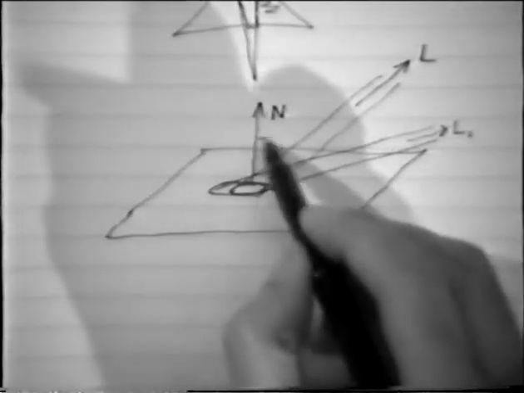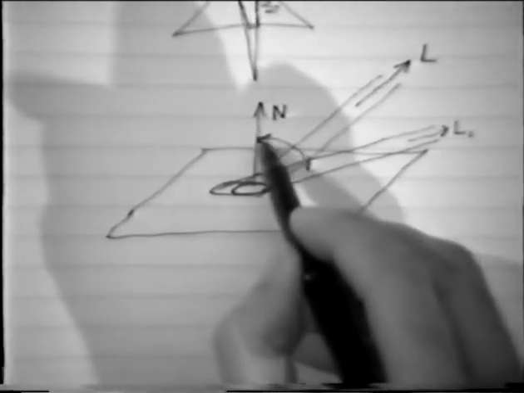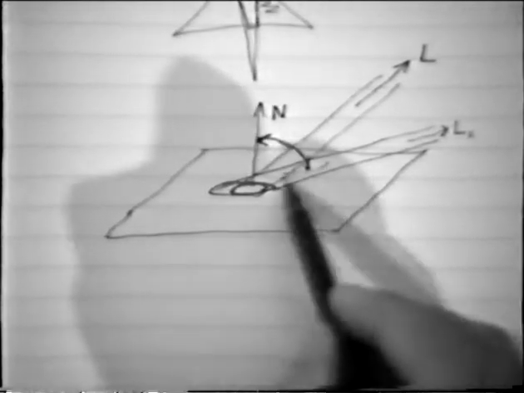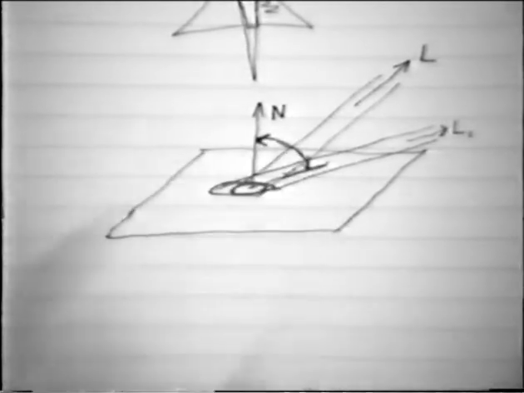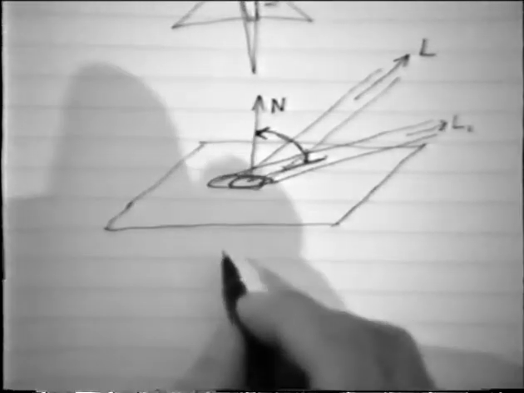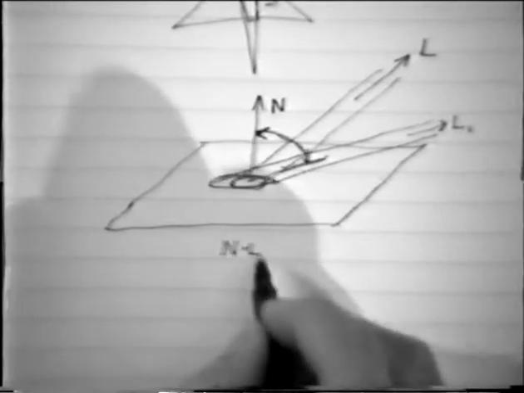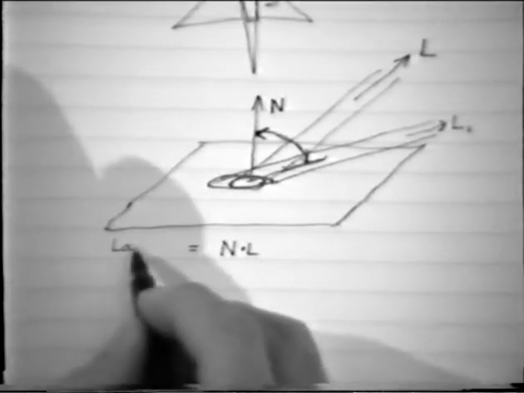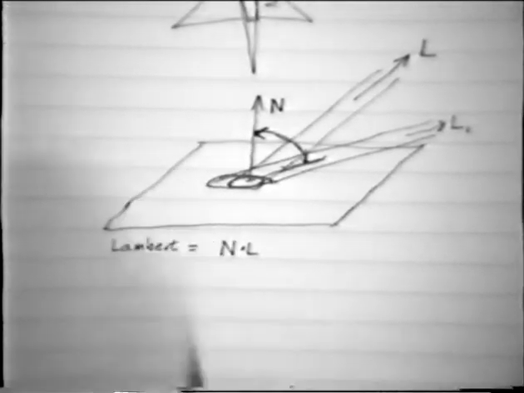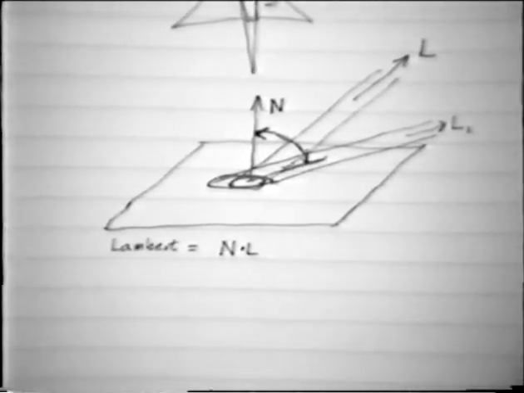And it's not too startling to come to the conclusion that the amount of light per unit area is proportional to the cosine of this angle between n and L. How do we conveniently compute the cosine of the angle? That's just the dot product of n and L. So the Lambert reflection law basically says that the amount of light that you will see reflected is proportional to the dot product of N and L.